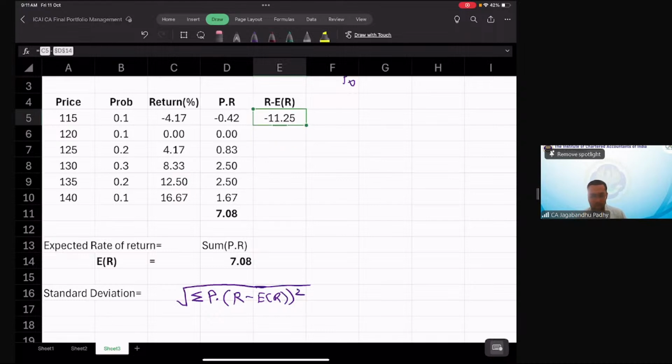Okay. Once we have calculated return minus expected rate of return, I don't have to take the total of this. I need to multiply this square with probability.